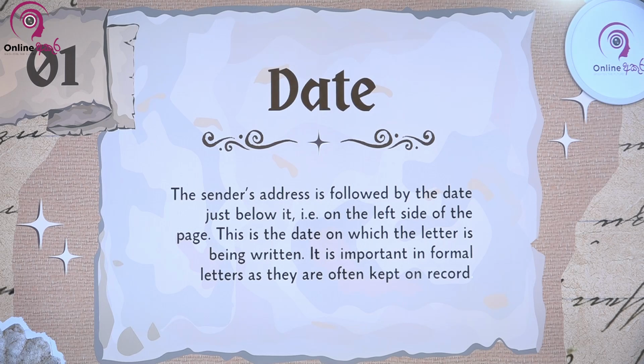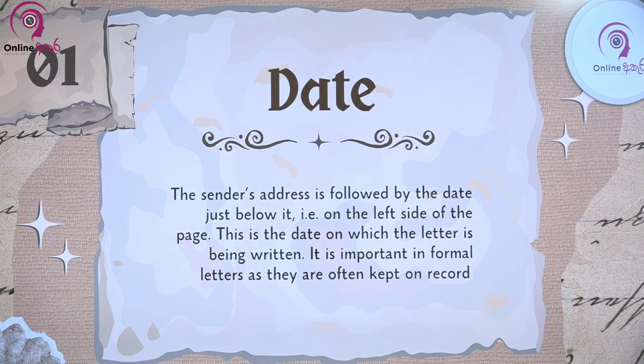Say, for example, that you miss a deadline to submit your assignment to the university, and you have actually posted it on the correct date, but due to a postal error or some strike that is going on, the university got it late.